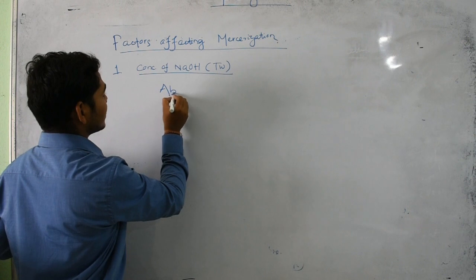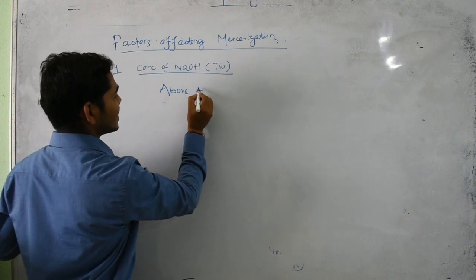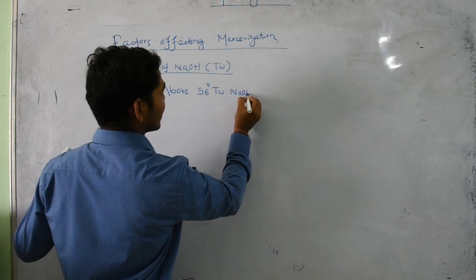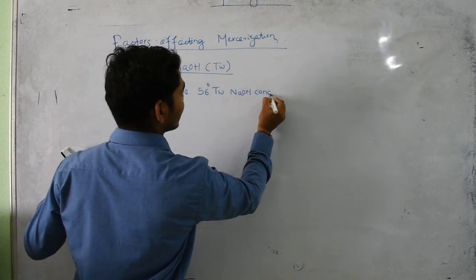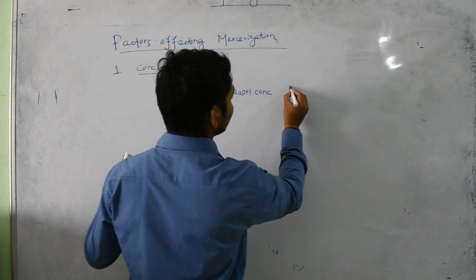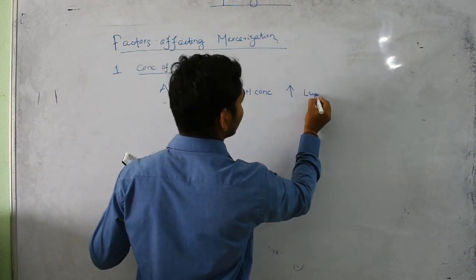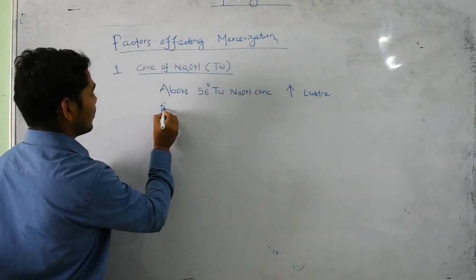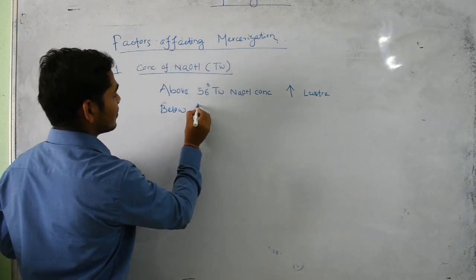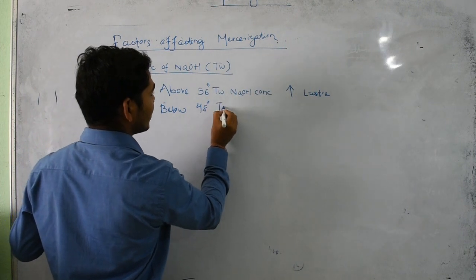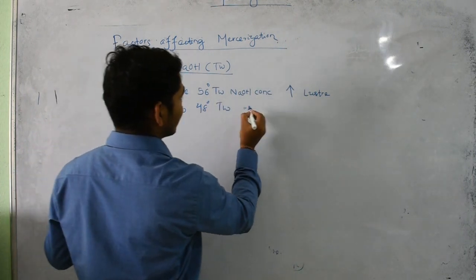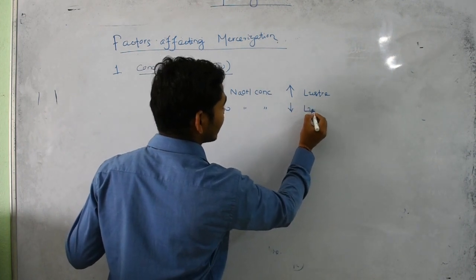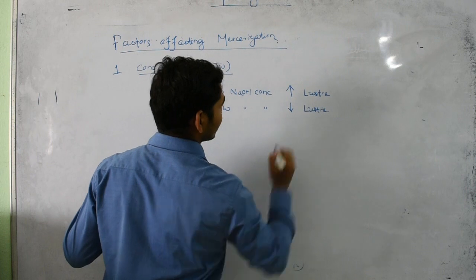Above 56° total sodium hydroxide concentration, there is significant increase in luster. But below 48° total sodium hydroxide concentration, there is decrease in luster of the fiber.